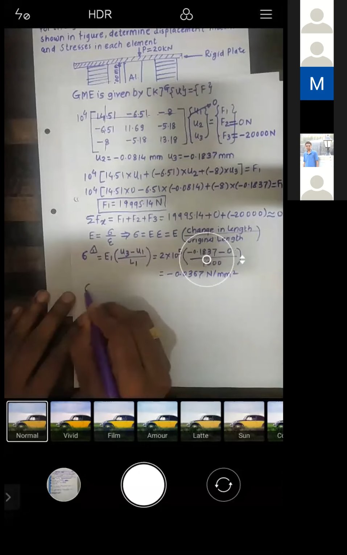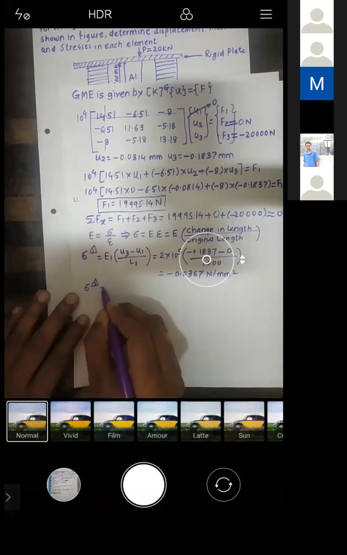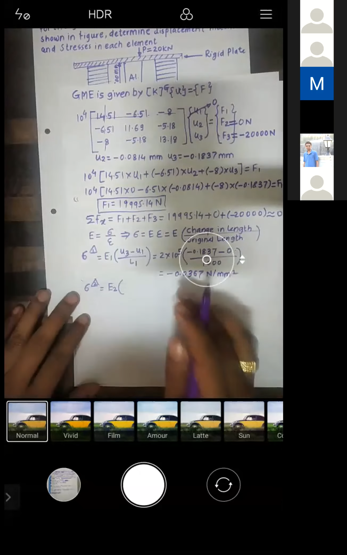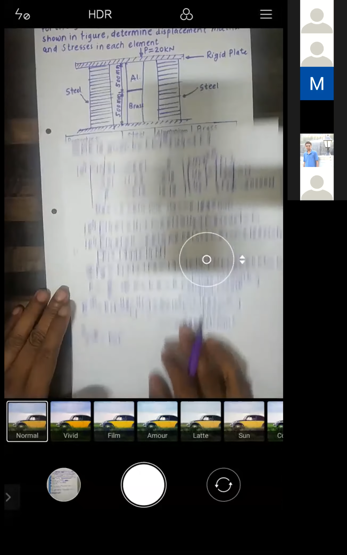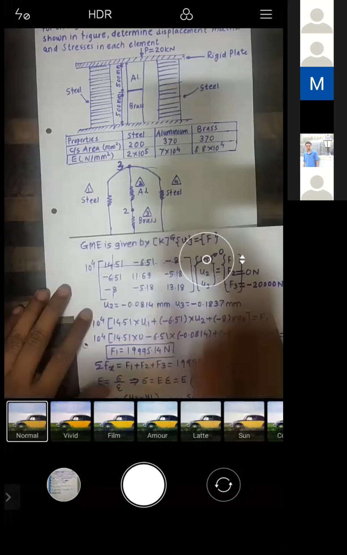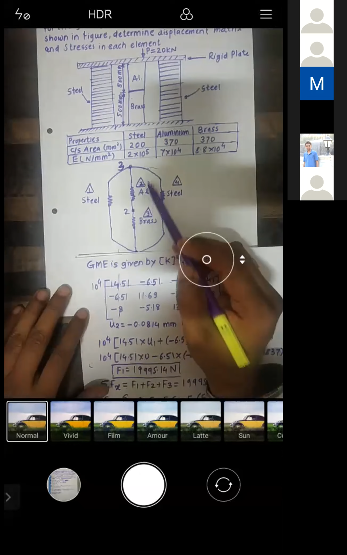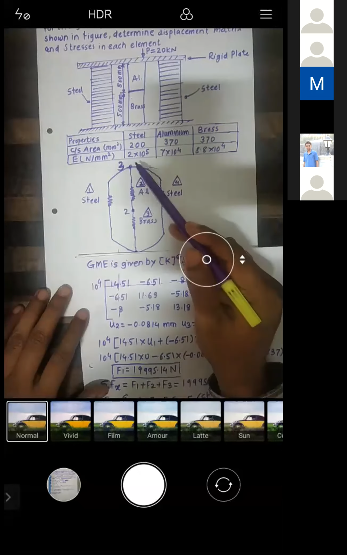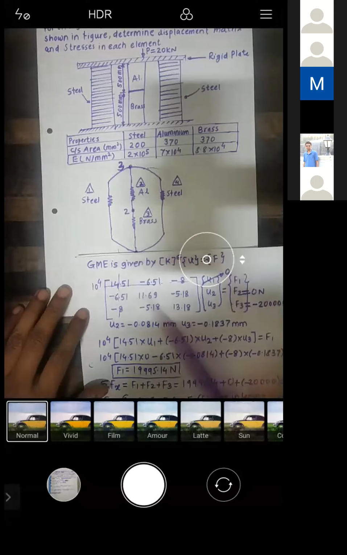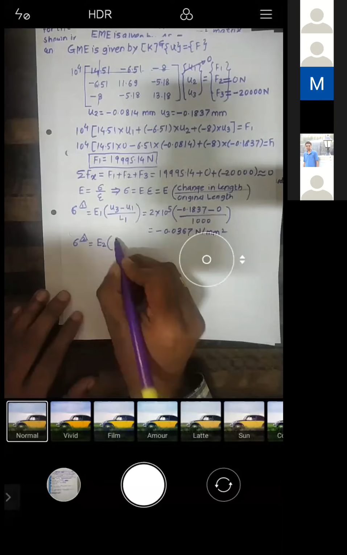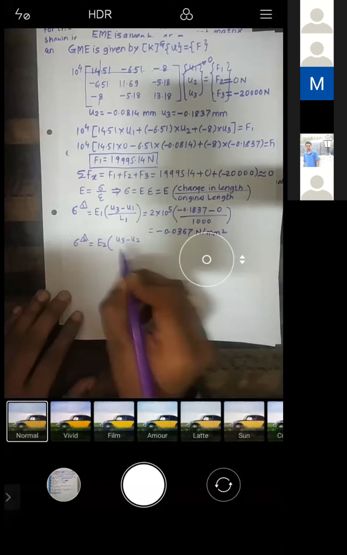Now go for stress induced in element number 2. For that you require the modulus of elasticity of element number 2. This is element number 2. It is between nodes 2 and 3, because we are moving from bottom towards up. So it becomes U3 minus U2 upon L2.